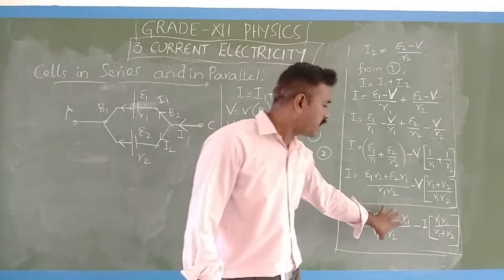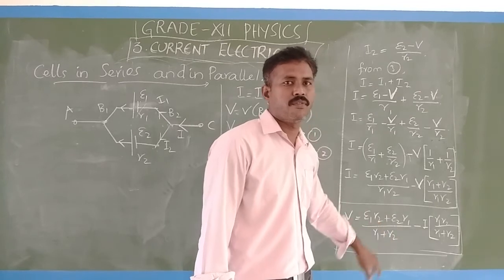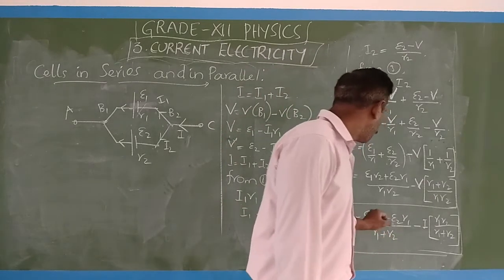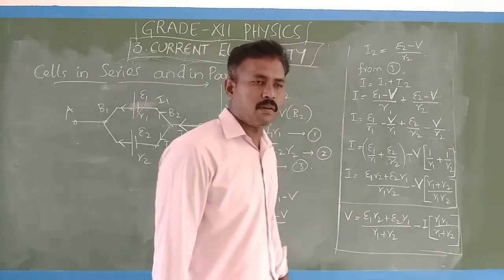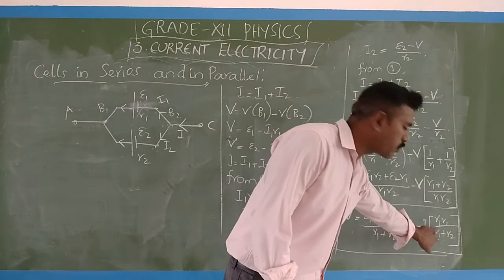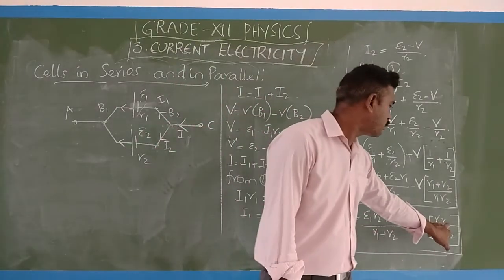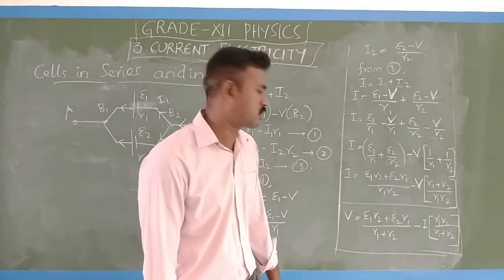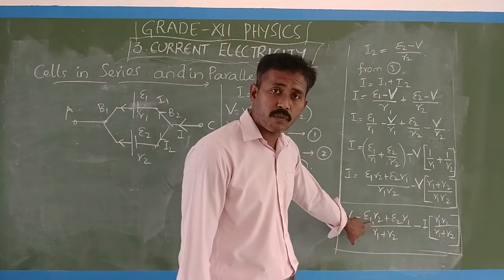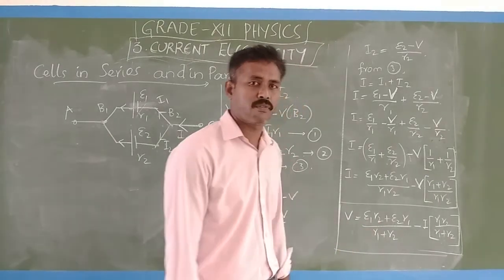This is the equivalent value of the EMF and this is the equivalent value of the internal resistance. So this is the parallel resistance R1 R2 by R1 plus R2, that is R equivalent. This is the equivalent value of the EMF.